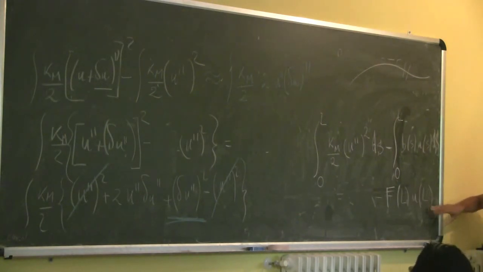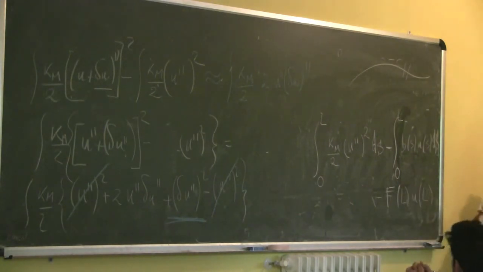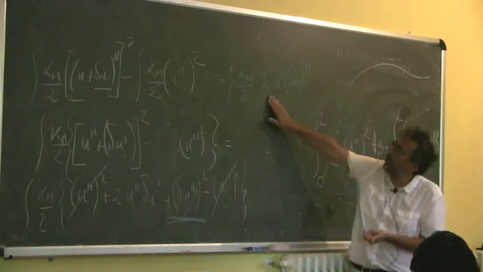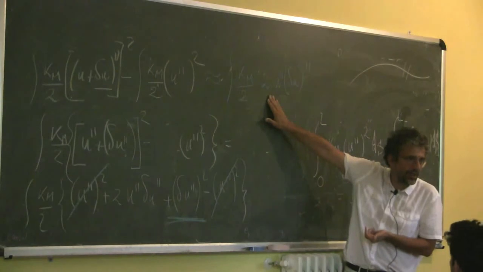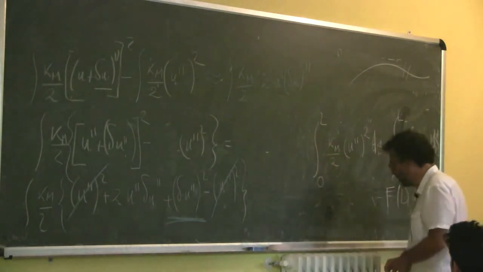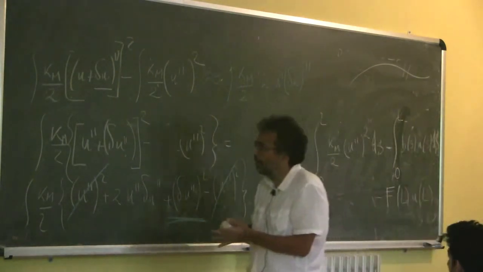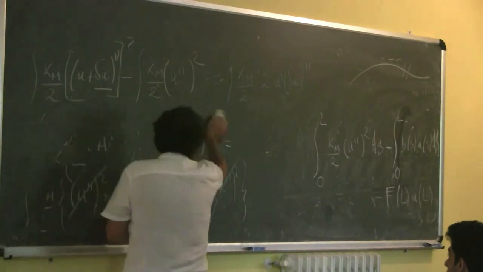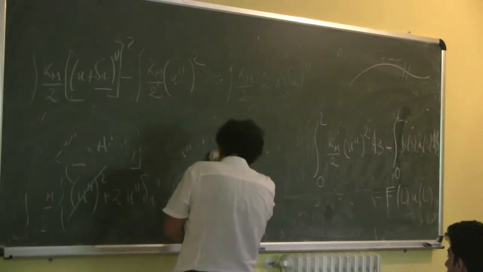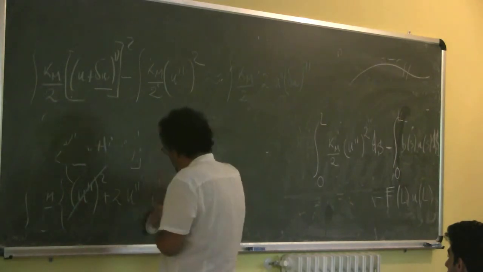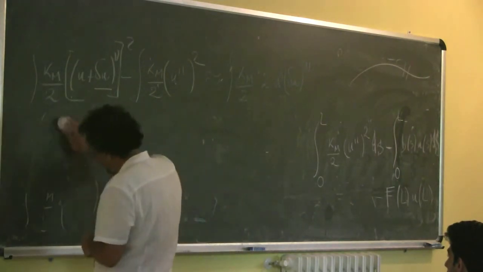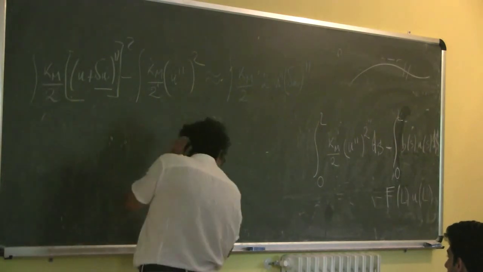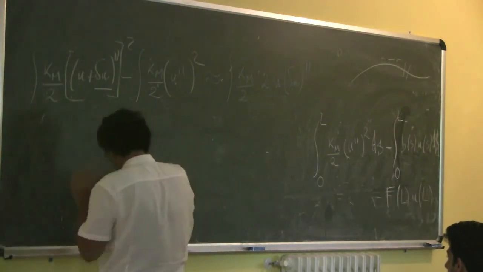So at the end of the story, the most difficult first variation I must calculate is this one. Now I think you have seen the subsequent calculations, so I will run, but I need to underline some parts of this subsequent deduction.